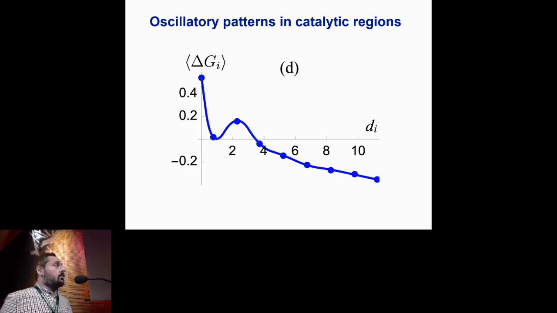So there is a sort of oscillatory pattern, but here we have to consider that in this curve we basically average over a lot of enzymes, enzymes that have different oligomeric structure, different length, and different catalytic sites. Some catalytic sites have just a few residues, others have a lot. And so here the effects are a bit smoothed out.